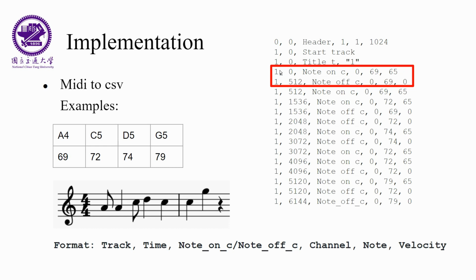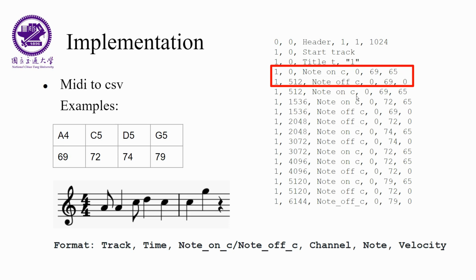And basically they are on track 1, and the channel they are on is 0, and the velocity, their initial velocity is 65, and ends at 0. Okay, they have the same format.